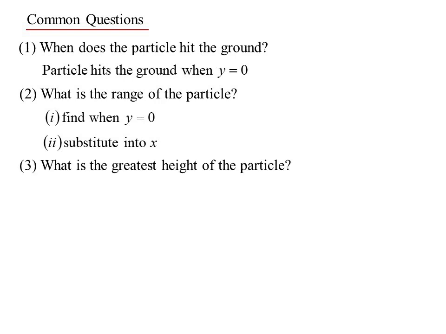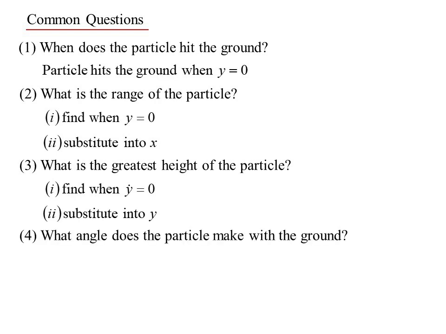What's the greatest height? How high up does it go? And again, if you think about the problem, what happens when it reaches the top? It's got to stop because it goes up, then comes back down. So it must be when the velocity in the vertical direction is 0. That's what we want to find. And when we do that, we can substitute that into the y component, and that'll tell us how high up it's gone.